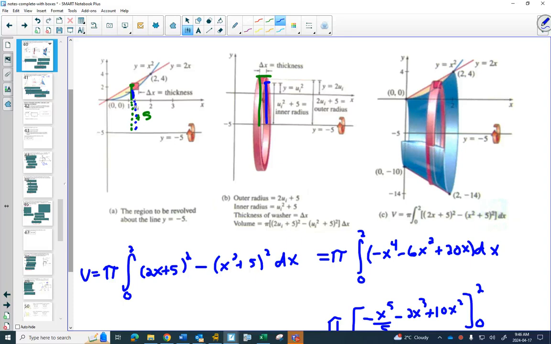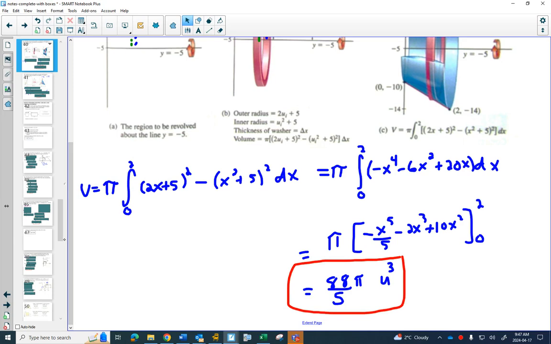Taking the one circle and subtracting the other circle makes a washer. And if we add up all of those washers, we would get this cone-shaped volume. Of course, you can combine your like terms. I'm sure you all copied this down already. And the rest is our regular integration.